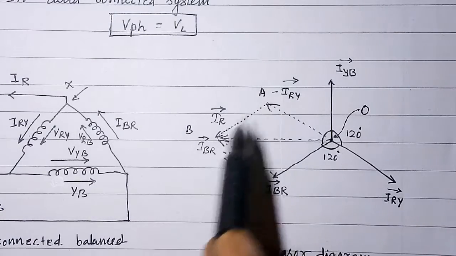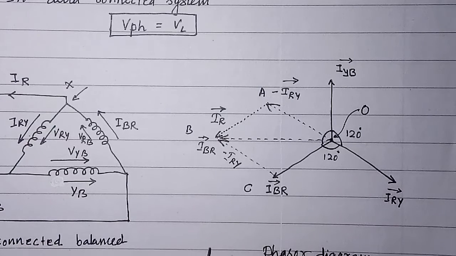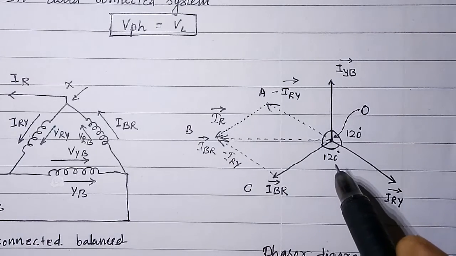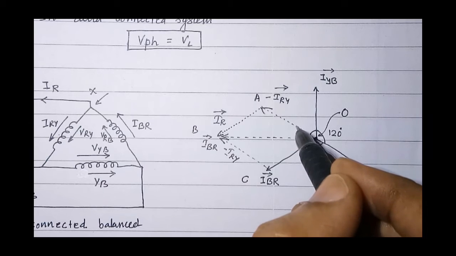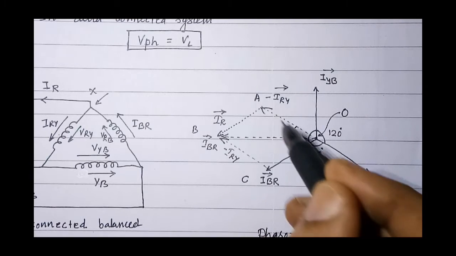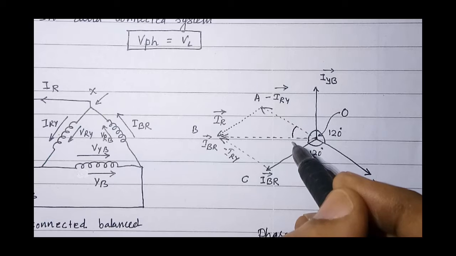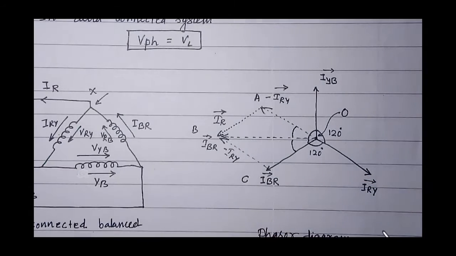So parallelogram OABC becomes now a rhombus. In a rhombus, diagonal bisects opposite angles. That means angle AOB will be equal to angle COB.